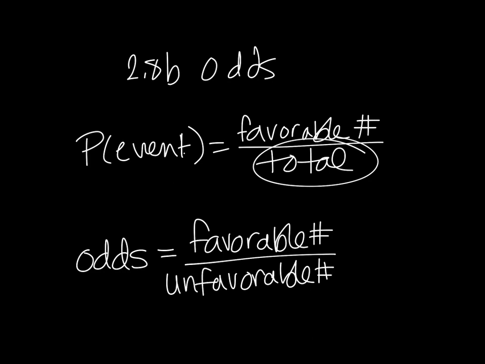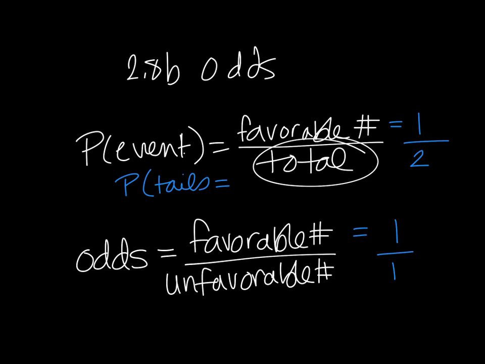So if you remember on the coin, the probability of getting tails: the favorable number of tails, there's one tail on a coin, so that's 1. And then on the bottom, there are 2 sides, so that's a 2. But with odds, there's still one side that is a tails, and then on the bottom, it's how many are not tails, and there's one side that's not tails.